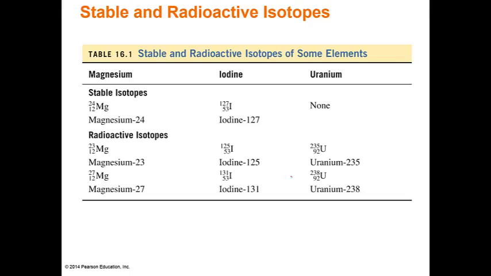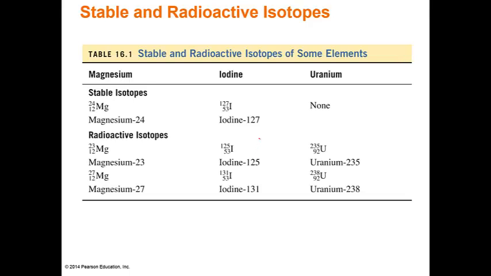Now we have things called stable isotopes, and an isotope again has varying numbers of neutrons in the nucleus. Magnesium-24 is a stable isotope. Iodine-127 is a stable isotope.